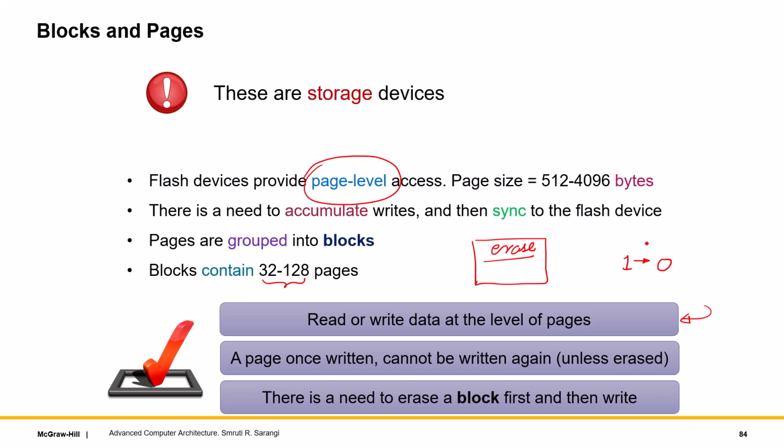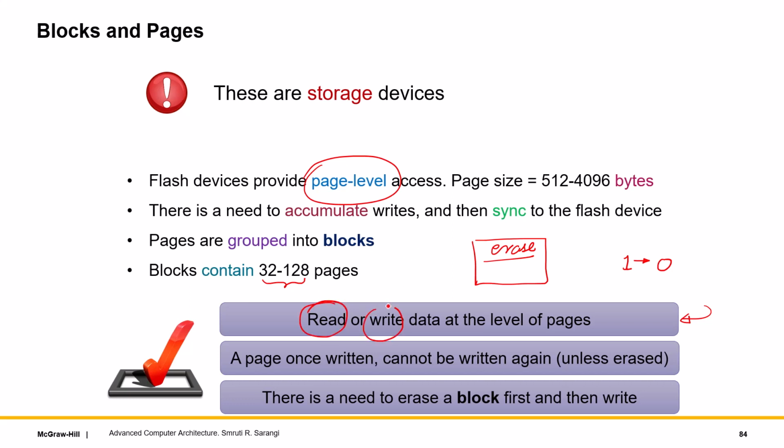And that process is known as erasing, which requires a fair amount of circuitry, a fair number of thick wires to actually get done. So that's the reason writing again is not possible unless we erase, right? So that is why we read at the level of pages.